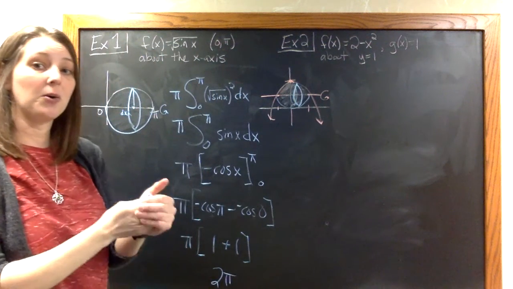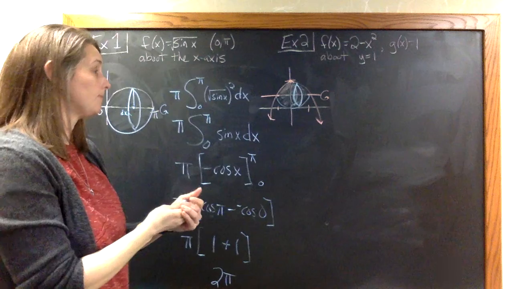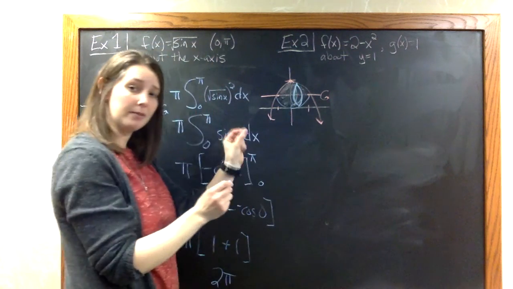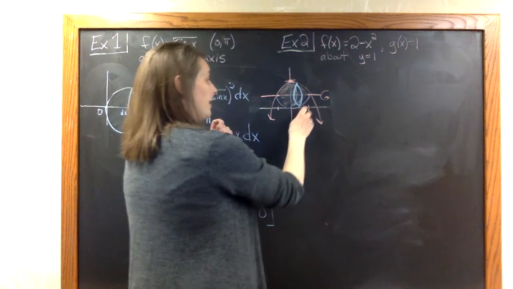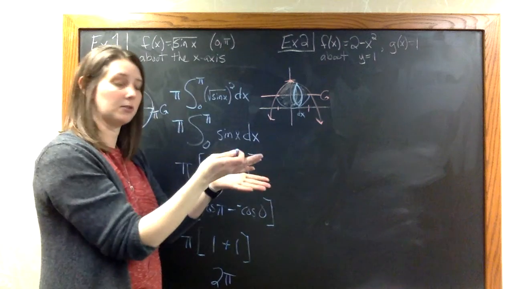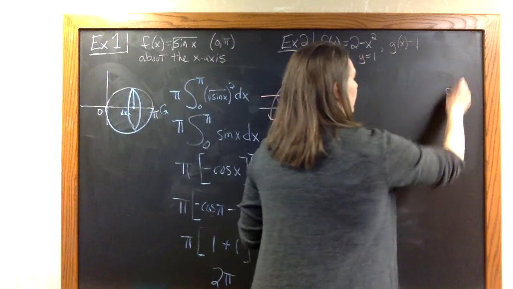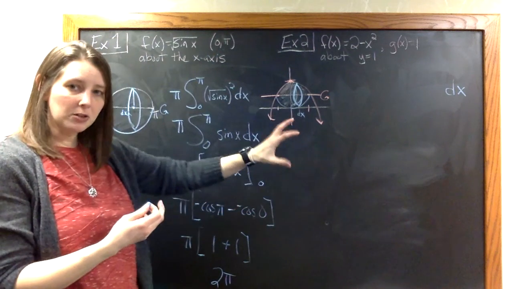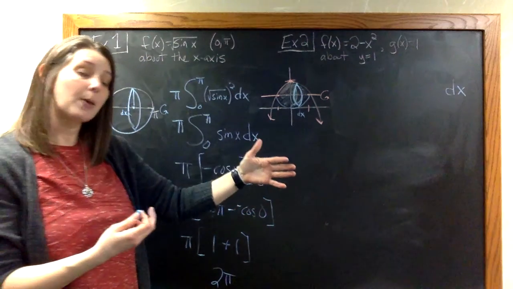Okay, so we want to find the volume of this. Again, I want you to think about the width of all of your discs. They are in the x direction, so this is going to be dx. We've also got a horizontal axis of rotation, so that's another way to remember this. And we want to do the area of all of those little circles that we're going to create. Area of the circle is pi r squared.